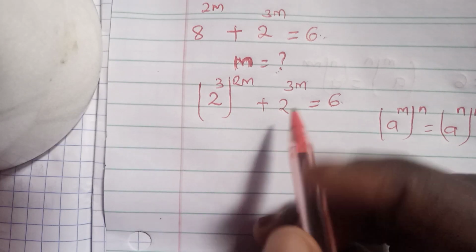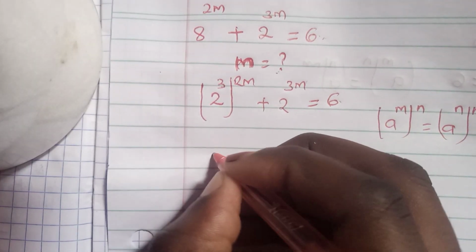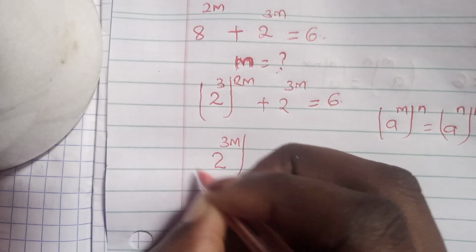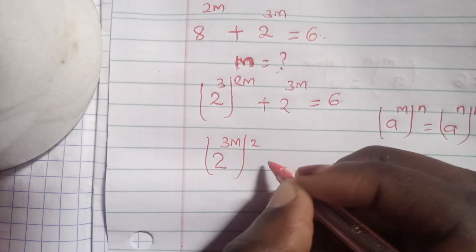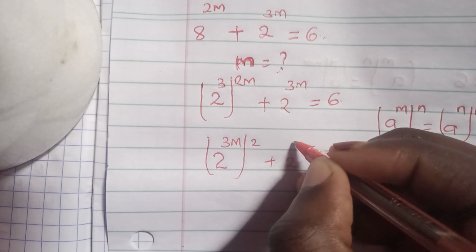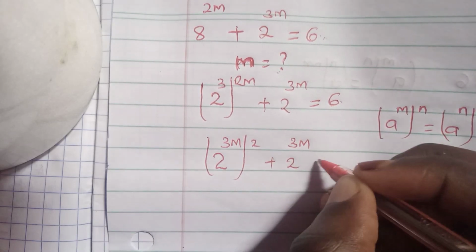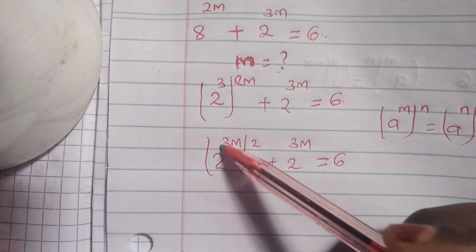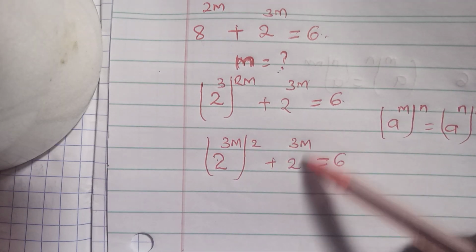So for our case here, we will write 2 to the power of 3m, all this to the power of 2, plus 2 to the power of 3m is equal to 6, okay?